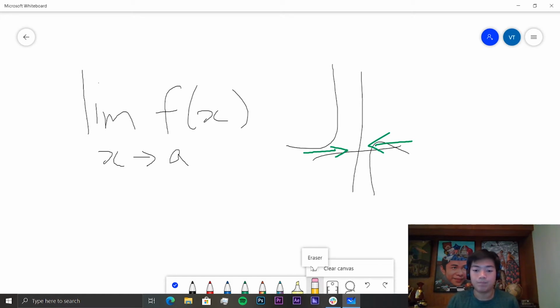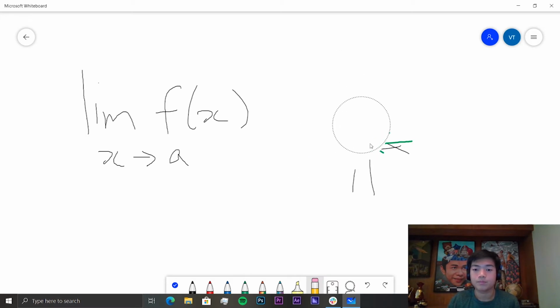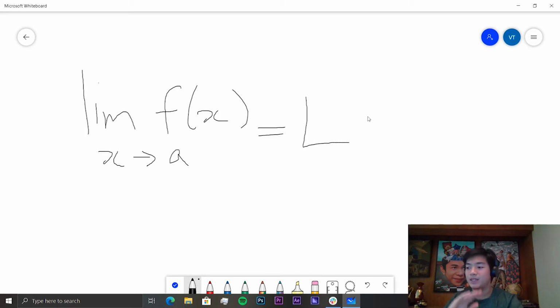Normally, we used to say the limit here, which we'll label as capital L, is the same.